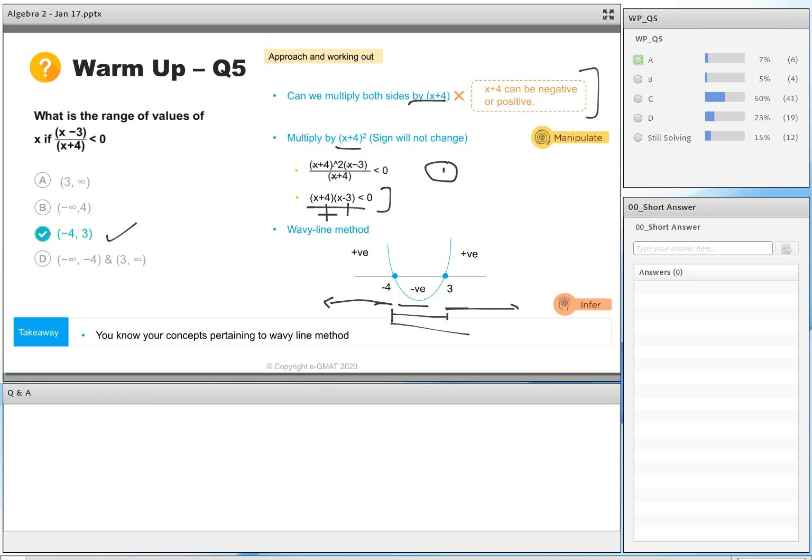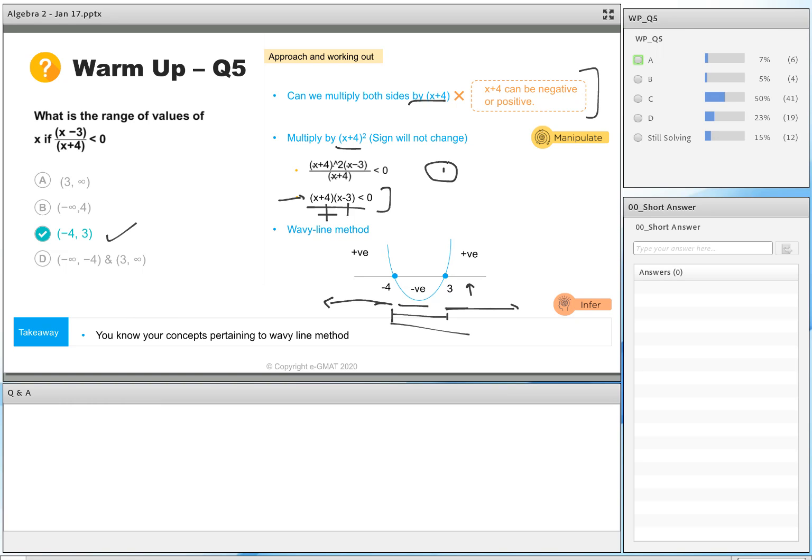One other, rather a short trick that you can use, though we do not recommend it, is this: if you're not understanding the effect on these two numbers in any region, I would recommend taking a number from that region.